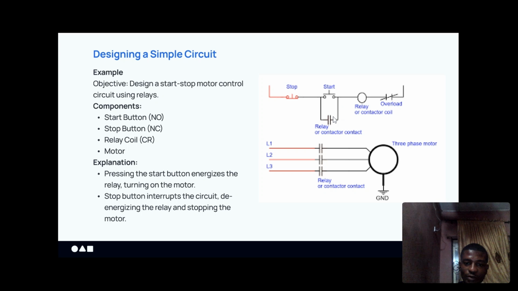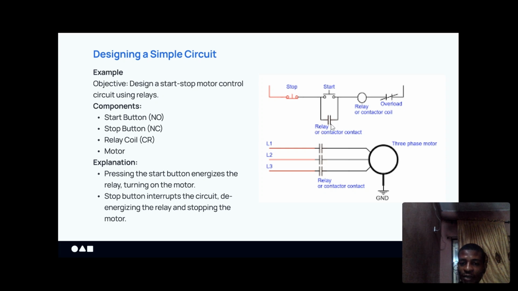But since we have this latching contact, once you press the start button, it energizes the relay. Once the relay or the contactor is energized, the normally open contact becomes closed, while the normally closed contact becomes open. So they just switch roles.